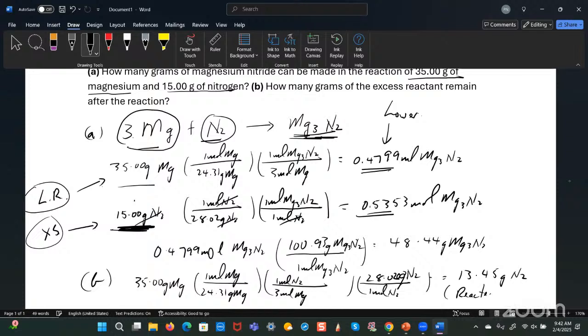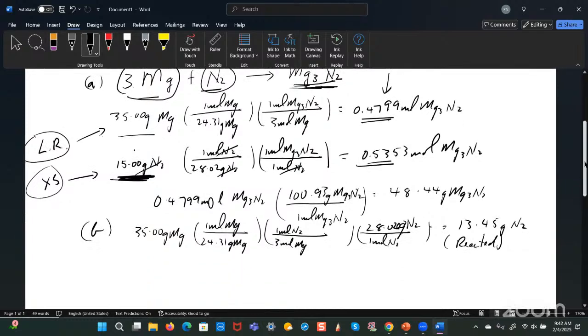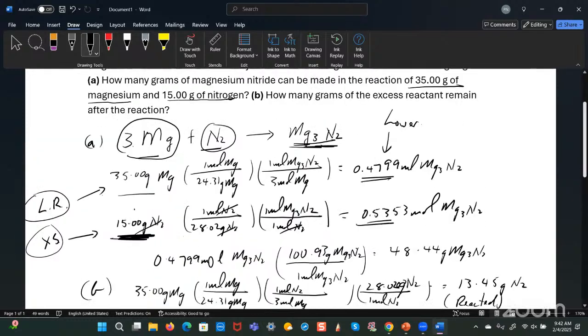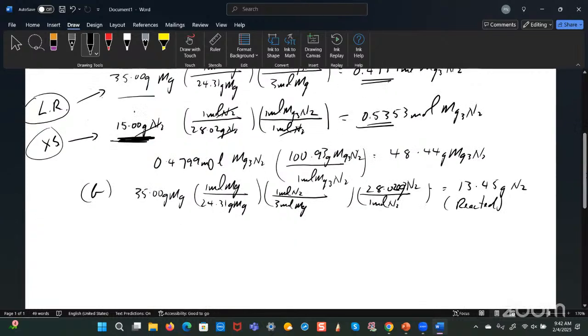But remember, the question is asking for the amount of nitrogen that remains. So how do we find that? We take the original mass of the nitrogen, which is 15.00 grams. So I'm going to write down here, amount of N2 remaining will be equal to the 15.00 grams of nitrogen that was there to begin with, and I will subtract from that the 13.45 grams of nitrogen that reacted.